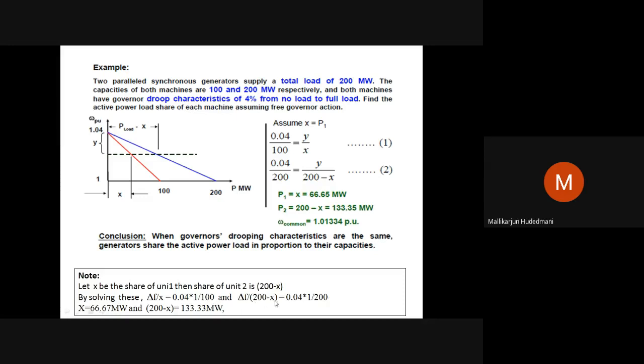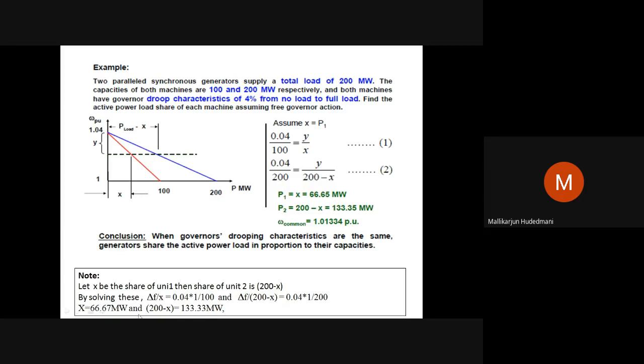So this equation, if I utilize it and take a ratio of this, if I solve this, X I get as 66.67 megawatt, and the other one, 200 minus X, I get as 133.33 megawatt. So it means for machines of 100 megawatt and 200 megawatt in combination, machine 1 shares 66.67 megawatt and machine 2 shares 133.33 megawatt.